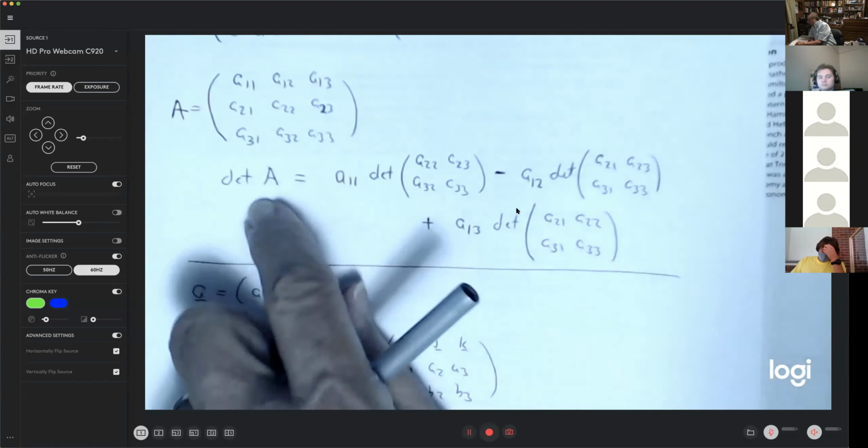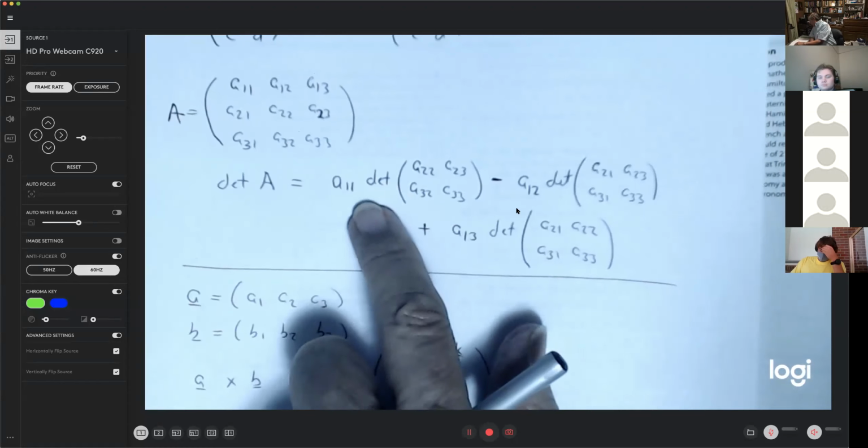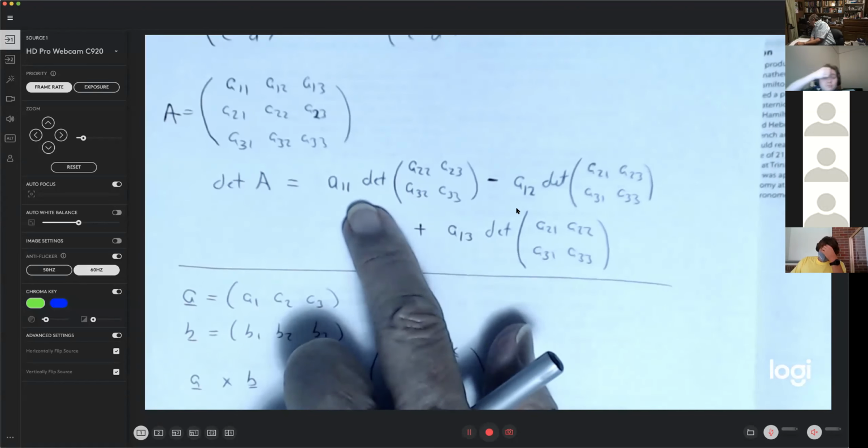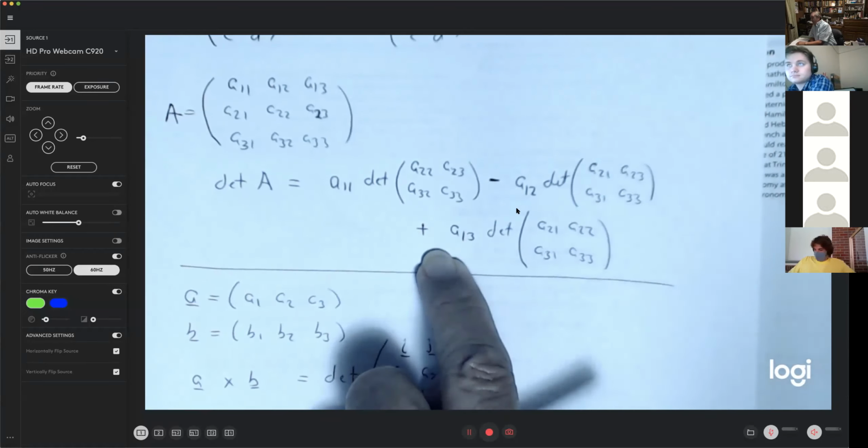Now, if you go down here and look how we define it, this is what the book says, and I'm going to read now. The book says a determinant of order 3 by 3 can be defined in terms of. Now, the author is wrong. We do not define the determinant this way.